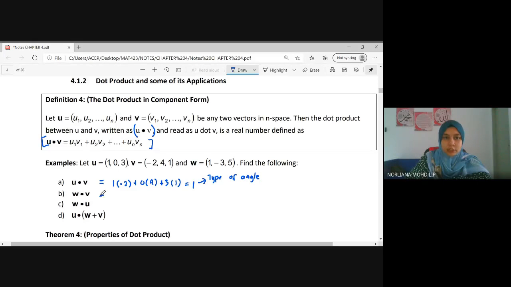Okay, first find the dot products of w dot v, w dot u, and this one. For this one you have to use the properties of addition first: w plus v, and then find the dot product of u with this. W dot v: the dot product can be a negative value, positive value, or 0.